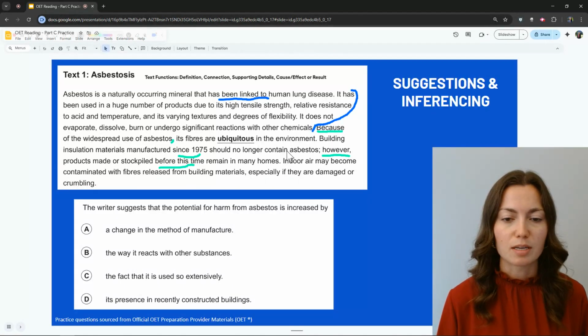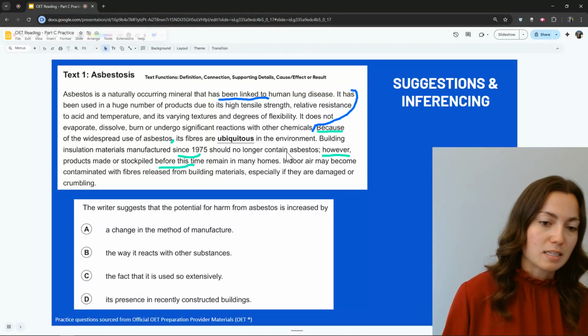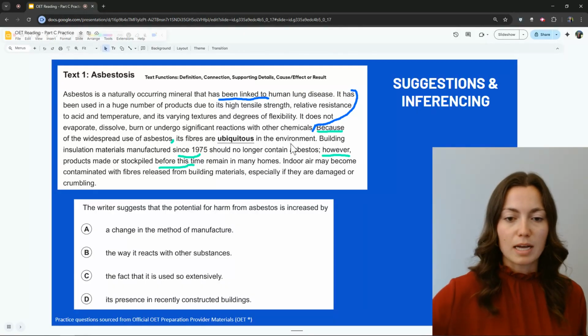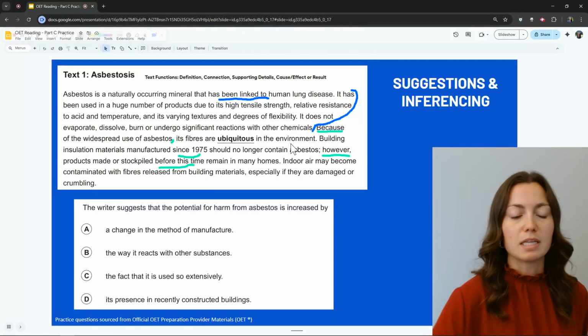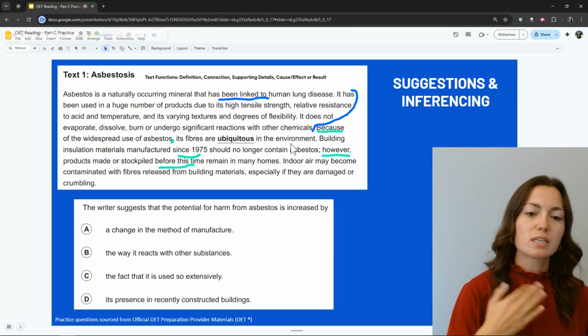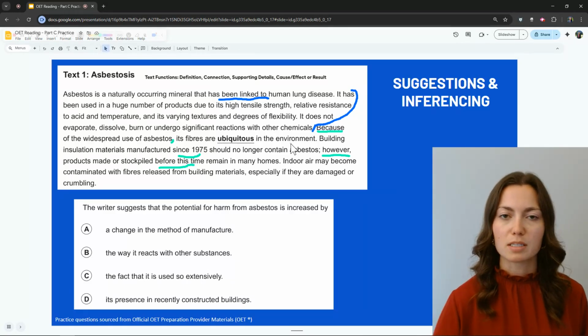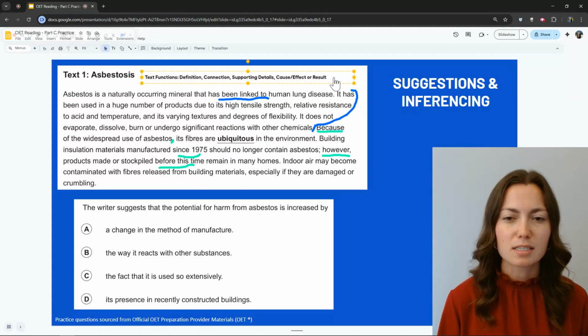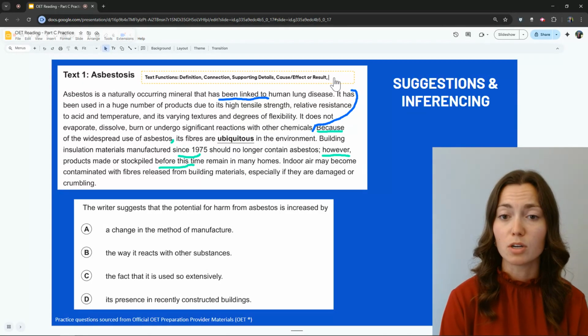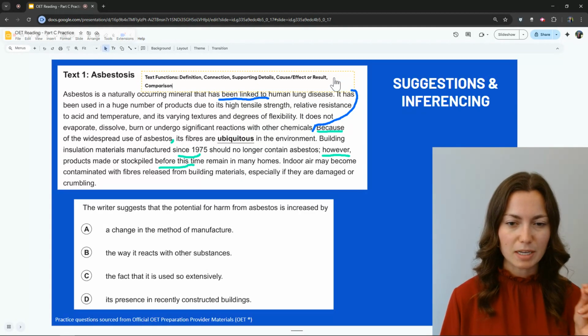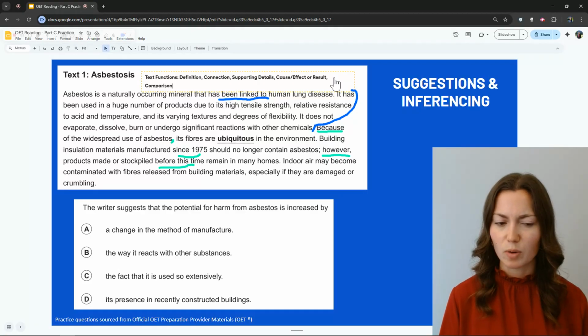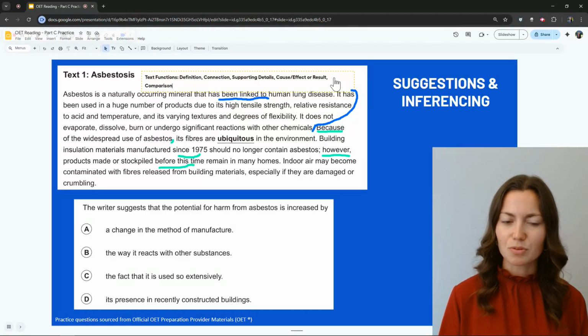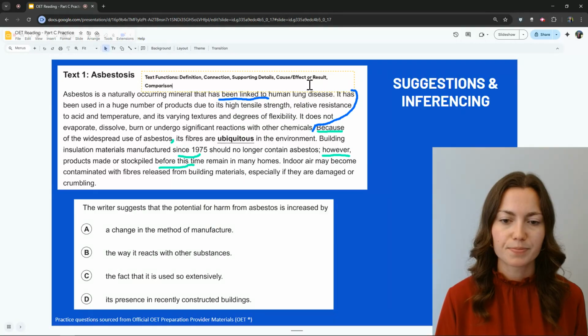And then we are talking about since 1975, asbestosis no longer being in these insulation materials, but before this, they were in many homes. So we can see that naturally being compared. That, again, is another text function that you're likely to see in the OET, and you want to notice that, a comparison, because then it helps you when you get to the question. If it's asking for that, we know where to find it.